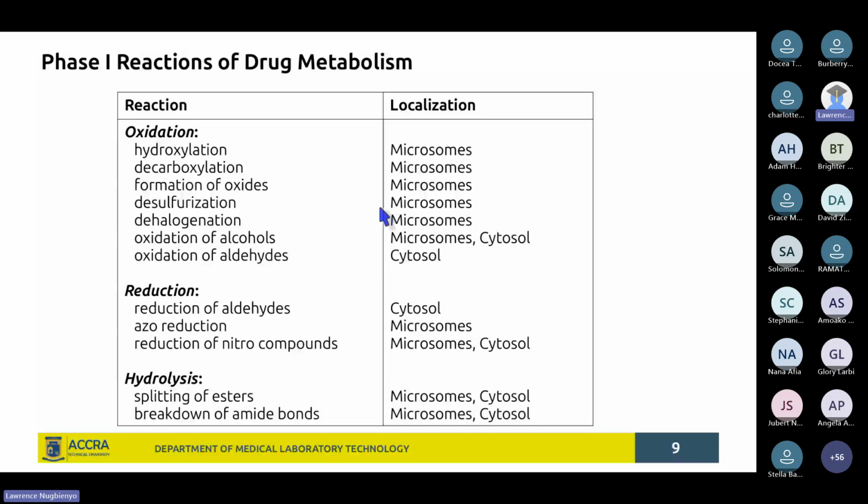Under oxidation, you will see reactions like hydroxylation, decarboxylation, formation of oxides, desulfurization, that is if you have some sulfate groups inside a drug substance, the removal of them, dehalogenation, oxidation of alcohols, oxidation of aldehydes. These are oxidation reactions. And then reduction reactions will be reduction of some aldehydes, azo reduction, that is to say reduction on nitrogen inside a nitrogen containing compound.